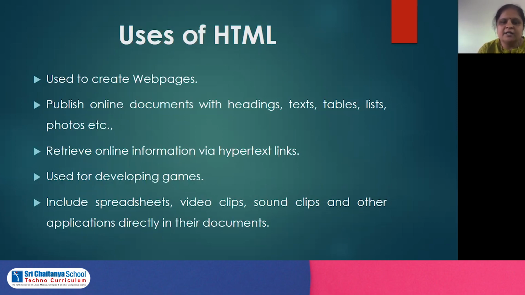Okay, and it is used for developing games, meaning we can even develop games using HTML tags. It includes spreadsheets, video clips, sound clips, and other applications directly in the documents.